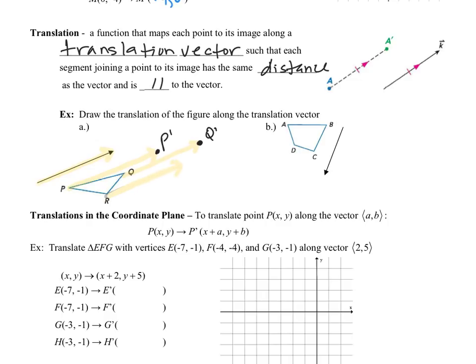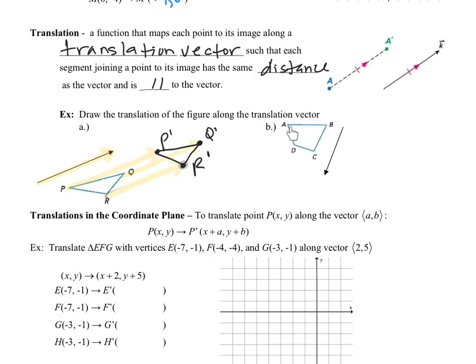So R would land right about here. And the name of that point, excuse me, is not R, it's R prime. So if I had used a ruler and a straight edge, this would have been a little bit more accurate, but you can see how we have taken every point and we translated it the same distance in the same direction to get our image shape, P prime, Q prime, R prime. Let's try the same thing one more time.